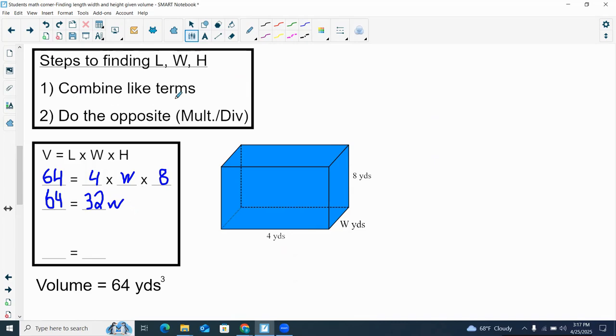Now, the second step, because we've already done combining like terms, now we need to get this W by itself. So we're going to divide both sides by 32. And in my calculator, I'm going to type that in. 64 divided by 32, and I get 2.